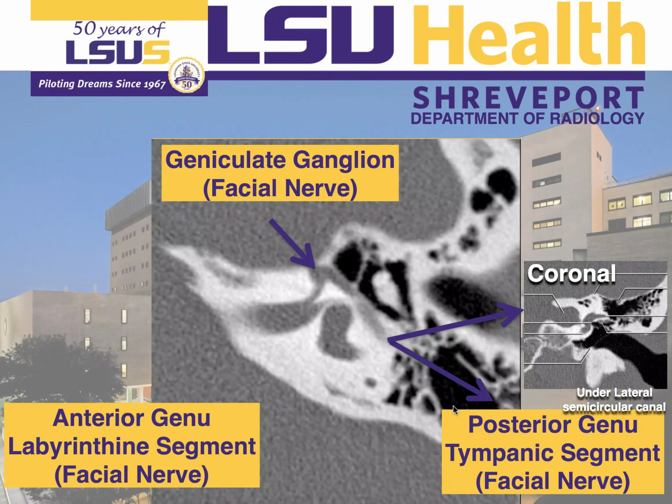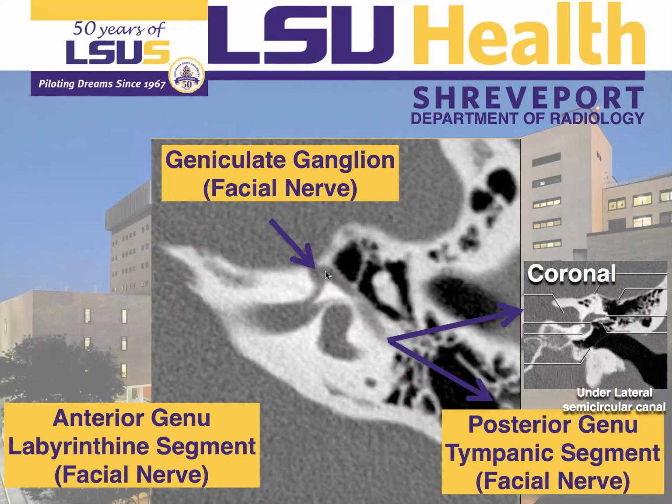A little bit down, you can see the internal auditory canal, the ascending portion of the facial nerve, or its labyrinthine segment as you wish, the geniculate ganglion, and here the descending portion, or the posterior genu as you wish, or tympanic segment of the facial nerve. I don't know why they have so many names for the same structure, but I usually use ascending and descending portion.